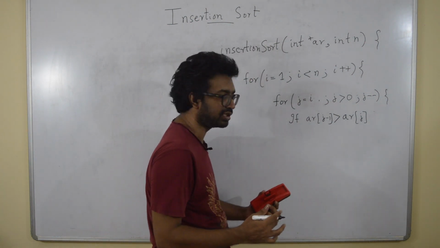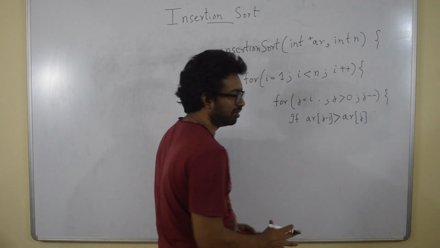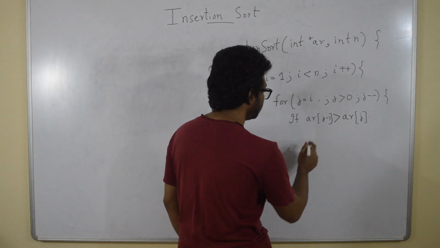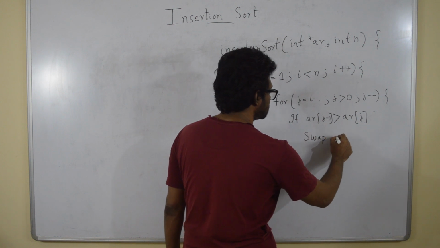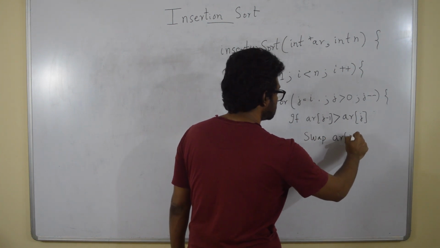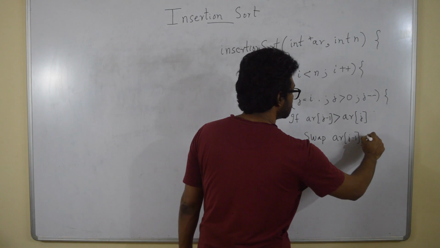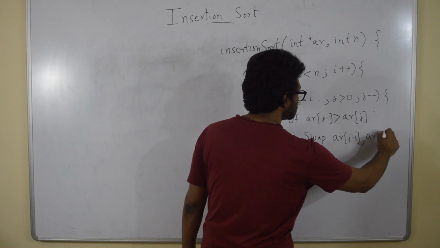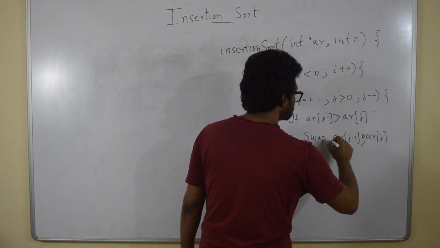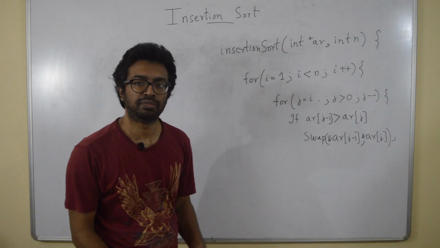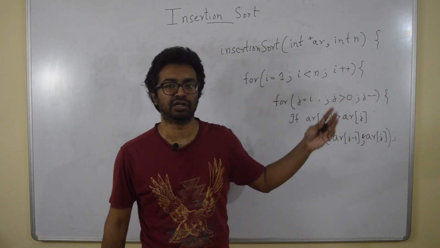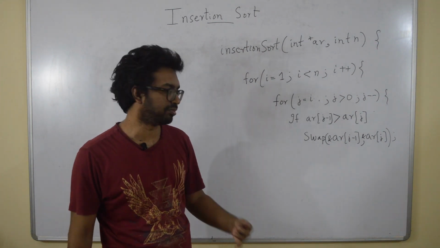So I'm going to write a block of code, a function swap, to swap them. I just pass these pointers.